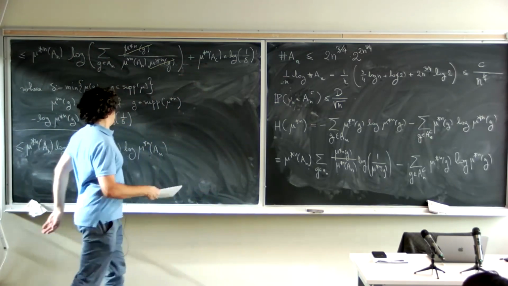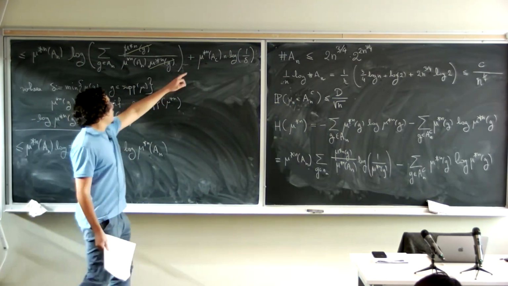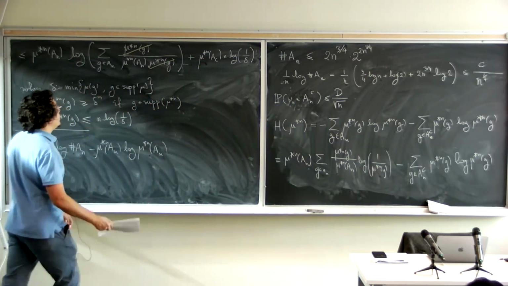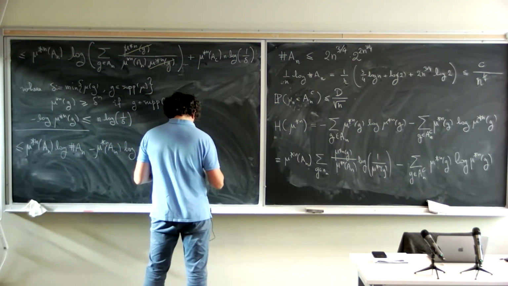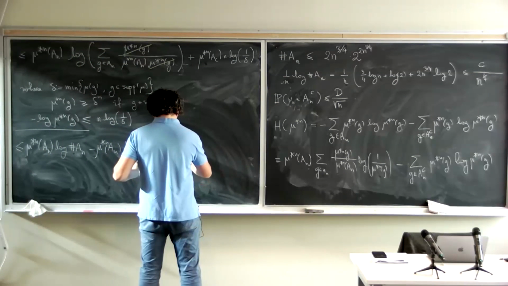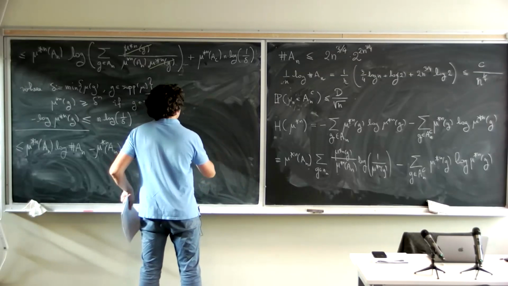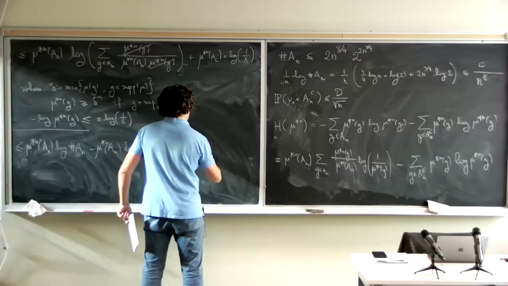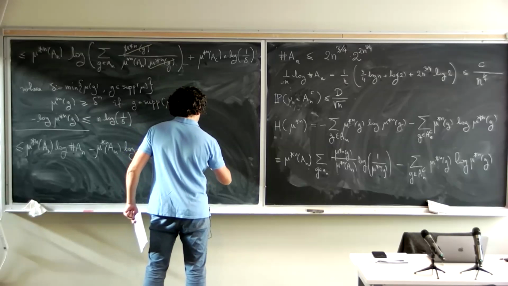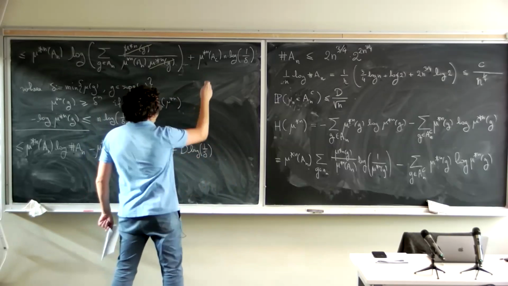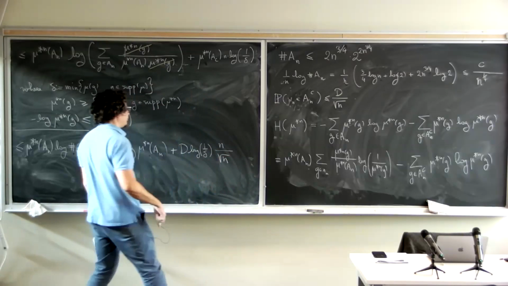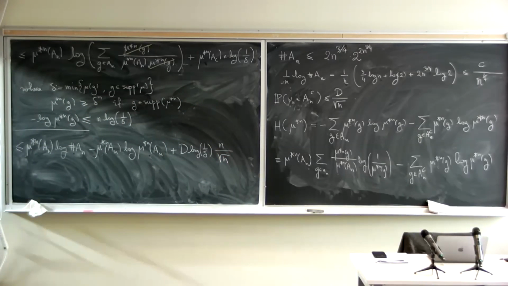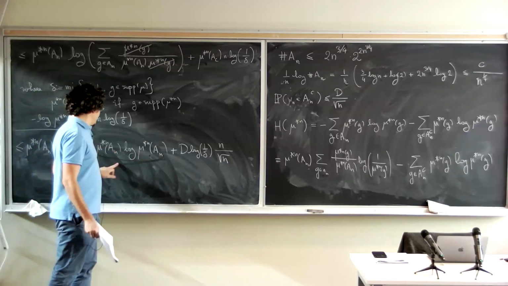And then we know how big this one is. We know that this one is bounded by 1 over square root of n. So this is plus d log 1 over delta that we discussed before, and then we have n divided by square root of n. So we are in good shape, because this one is uniformly bounded.